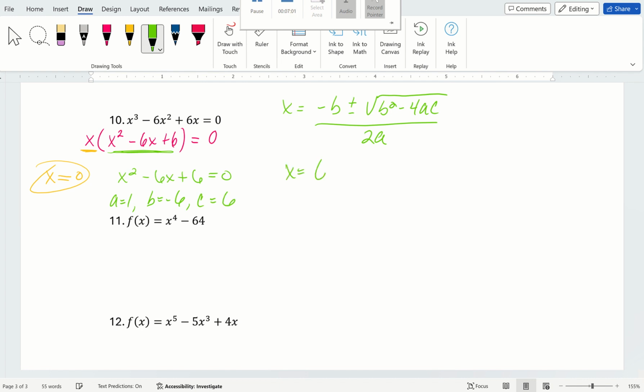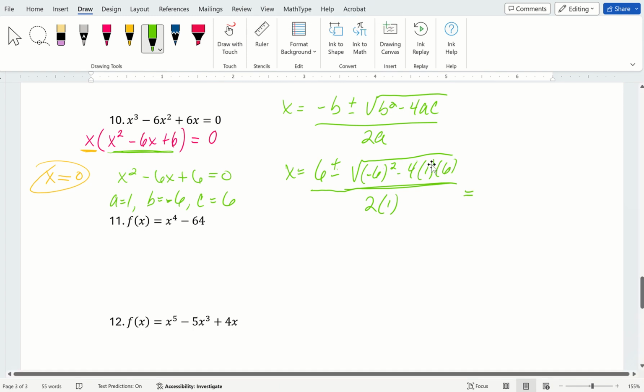X equals opposite of b. So because b is negative 6, we're going to put positive 6 plus or minus the square root of b squared. Remember, put it in parentheses. Minus 4ac, all over, the whole thing is over, 2a. I'm going to calculate what's under the square root.